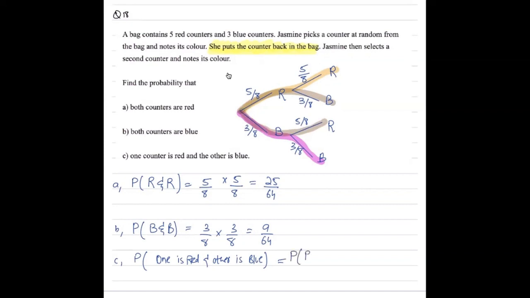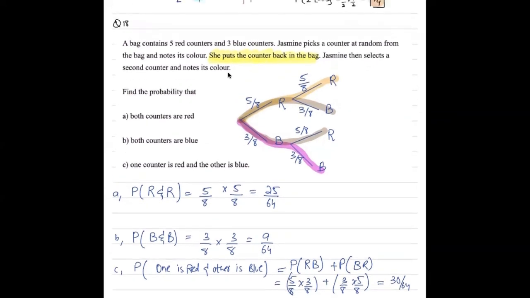The first one is red and the next one is blue, or the first one is blue and the next one is red. So you add the probabilities: 5 upon 8 times 3 upon 8 plus 3 upon 8 times 5 upon 8. When you add this up, you get 30 upon 64.